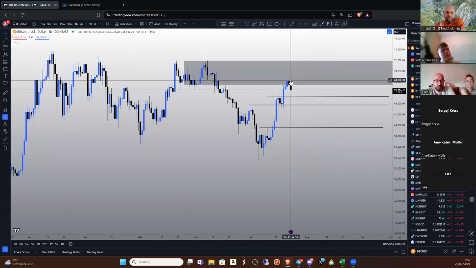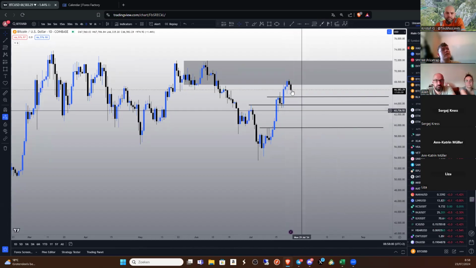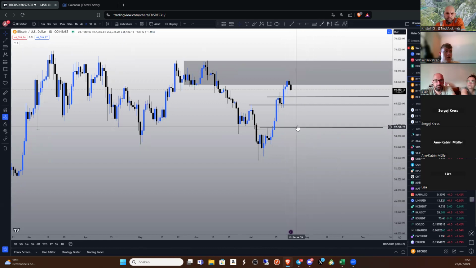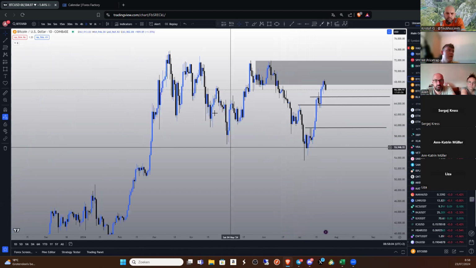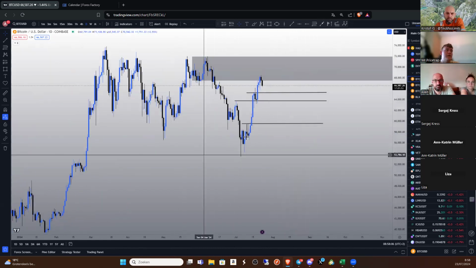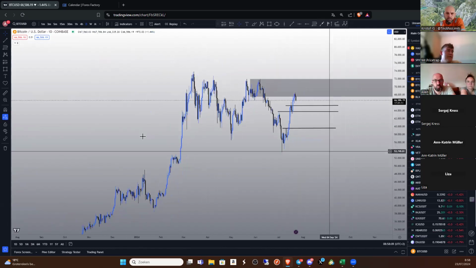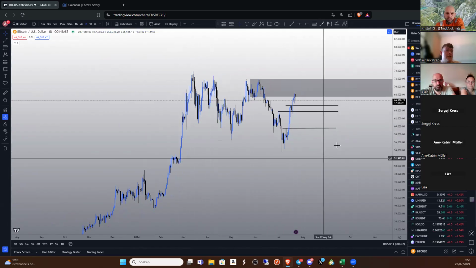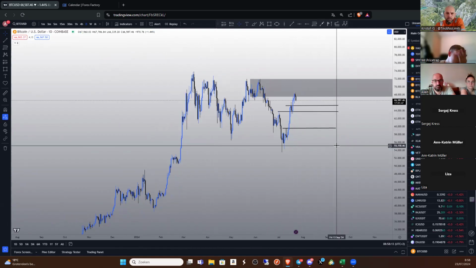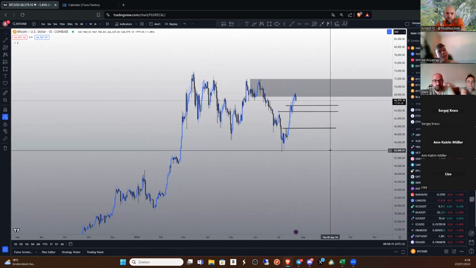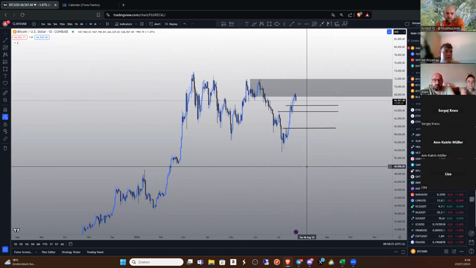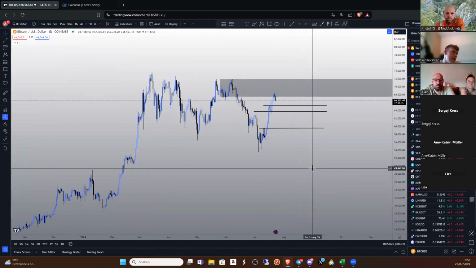So let's see if we respect this, if we start moving to the downside and maybe create a higher low, or if we just simply follow up this downtrending movement. All right. You could also see like a flag pattern, a bullish flag pattern, that the market is creating, but I'm personally not really a pattern trader. I'm a structured trader. So I'm always going to look into the market structure and not really the patterns that the market is creating. Okay.